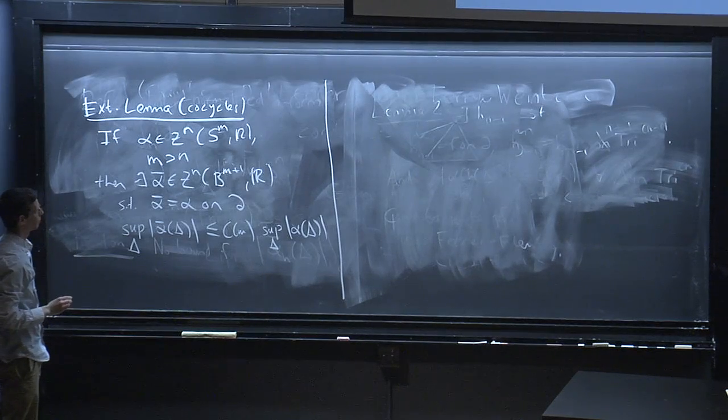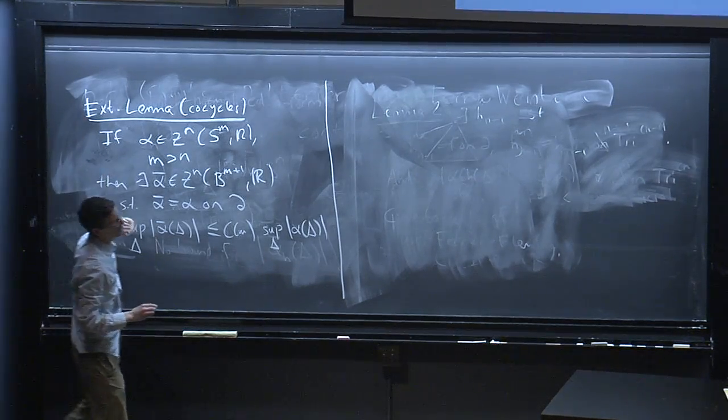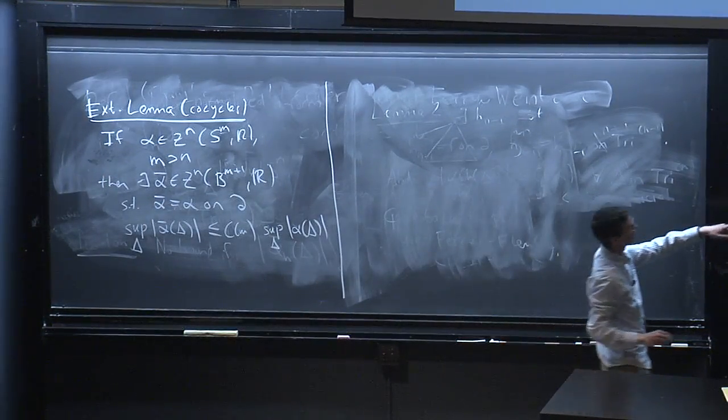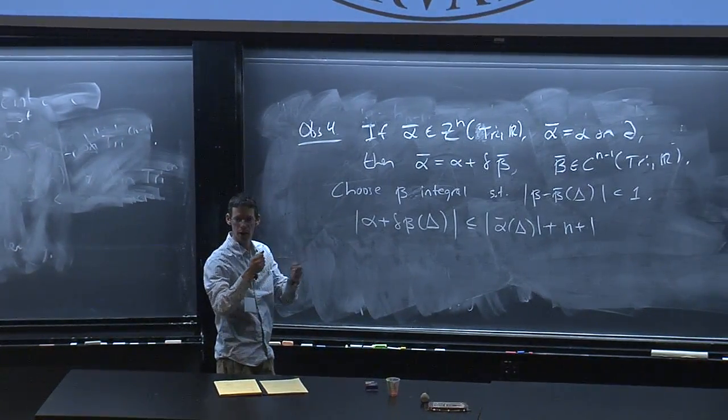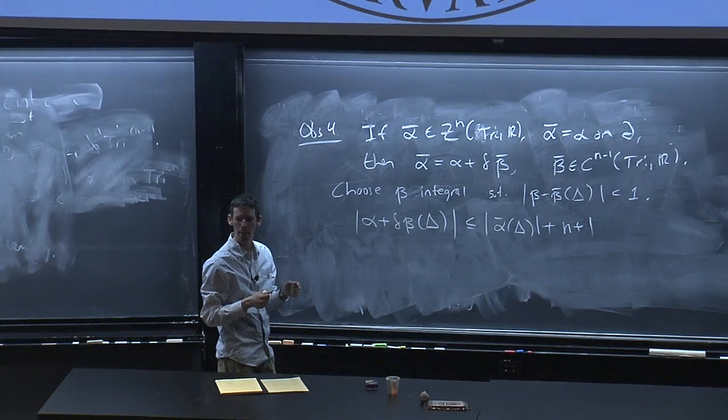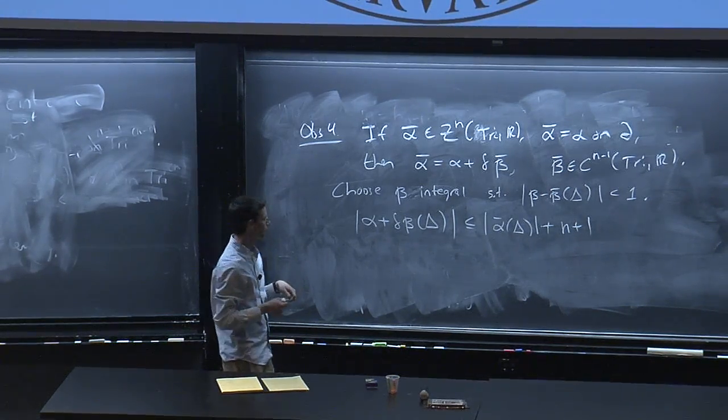Cool. So this extension lemma lets us find a good alpha bar. And then we carry out observation 4 and go through. And that's how we find our way of modifying our map at the n-1 skeleton.